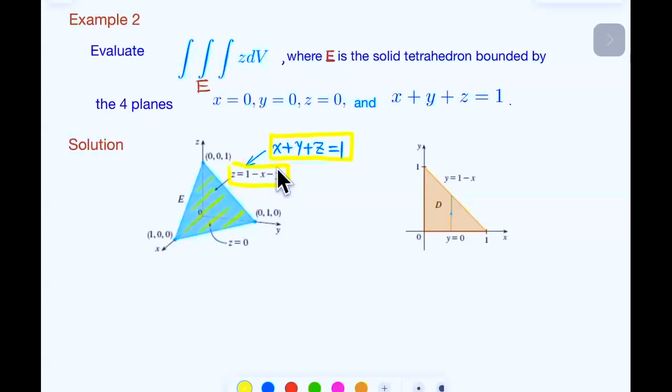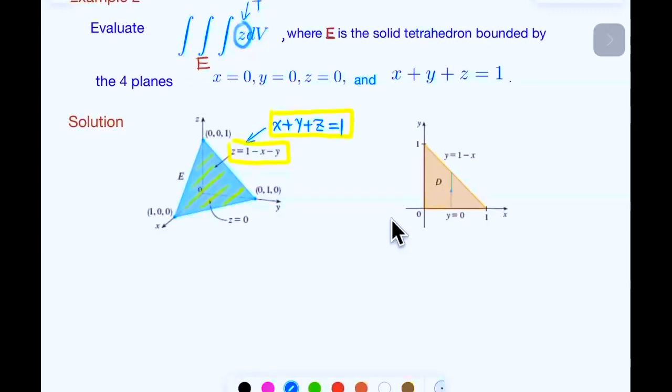Now we're trying to evaluate the triple integral over this tetrahedron. Remember, the function that we integrate over this solid E is this function z. This is a function of x, y, z. Integrate this function over this solid E.